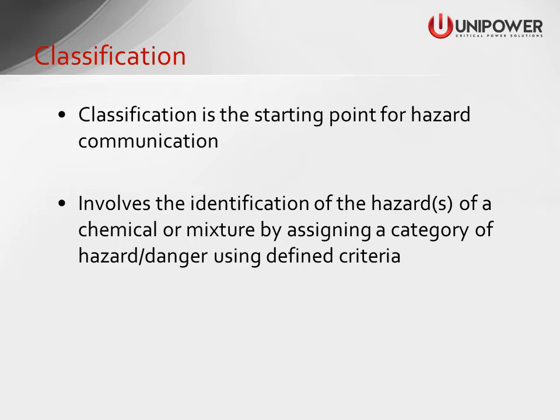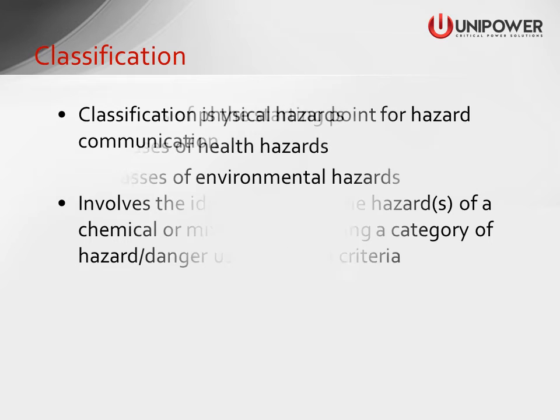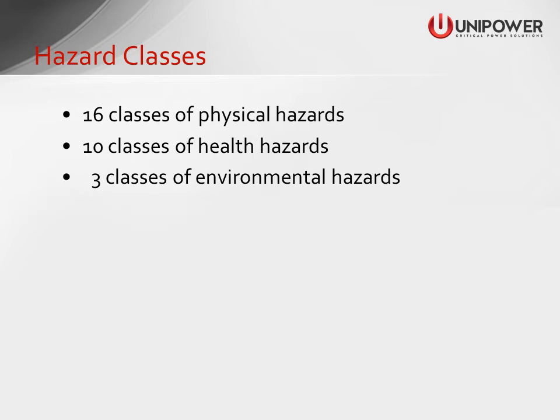This involves the identification of the hazard or hazards of a chemical or mixture by assigning a category of hazard or danger using defined criteria. Hazard classes are subdivided into categories of hazards. There are 16 classes of physical hazards, 10 classes of health hazards, and 3 classes of environmental hazards.